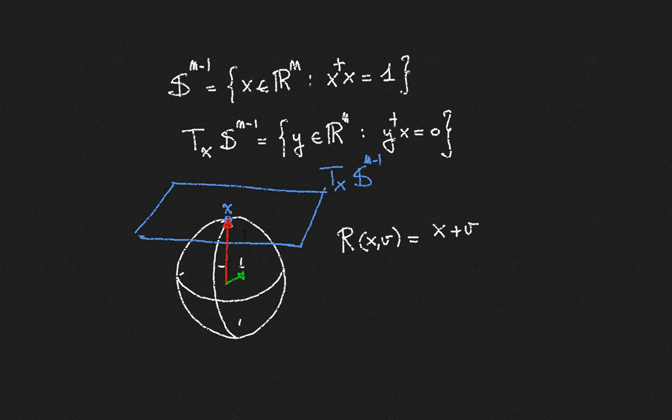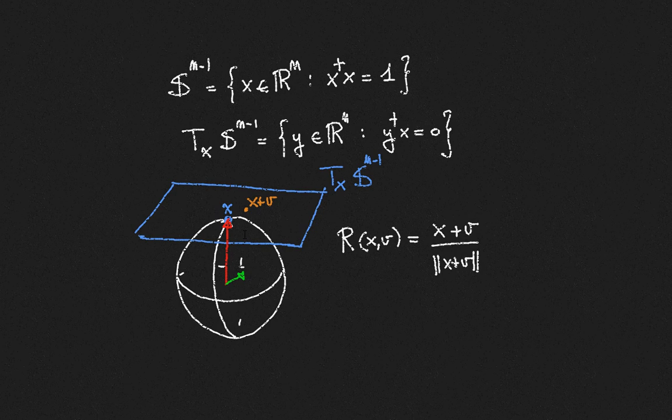If you sum those, you end up with a point which is here, which is not on the sphere. It's on the tangent plane. So how do we end up on the sphere again? We just divide by the norm.